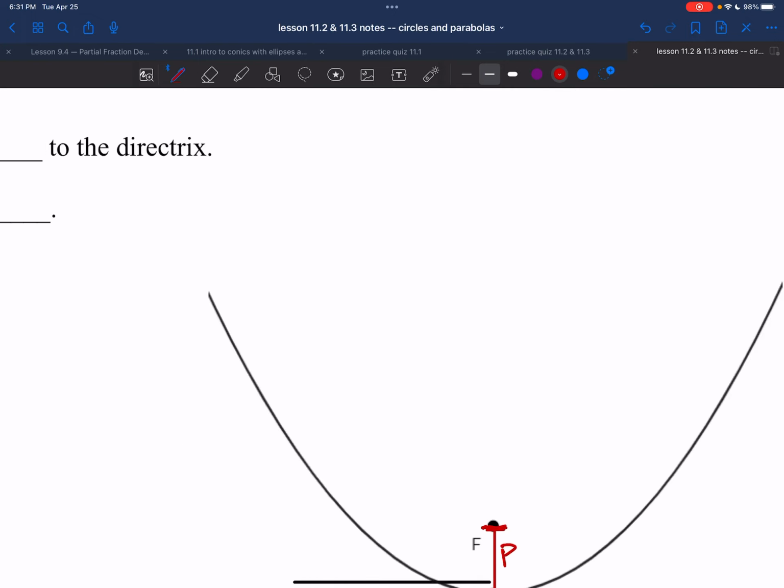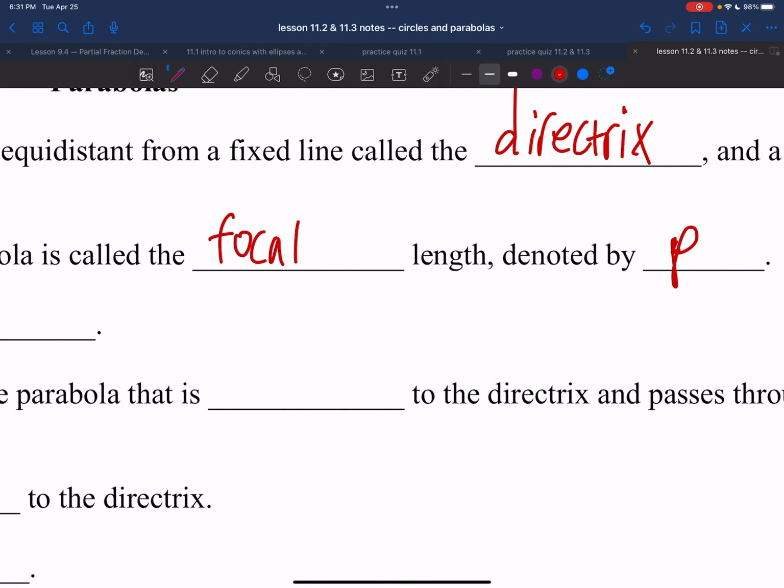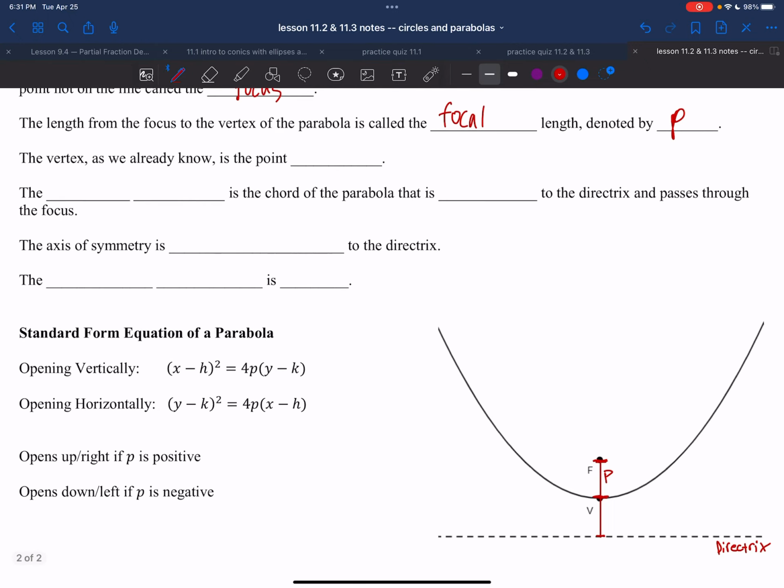So you might go back up here and fill that in the blank. The length from the focus to the vertex of the parabola is called the focal length, denoted by the variable p. Why is it p? Why is it not f? I don't know. Why is it not l? I'm not sure. It probably comes from somewhere.